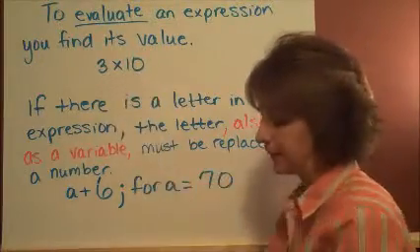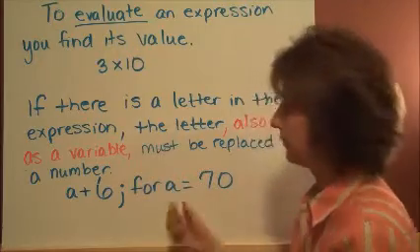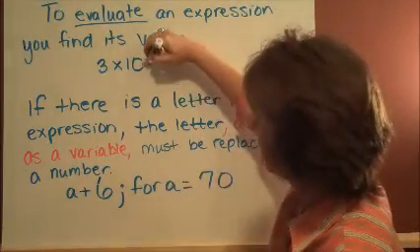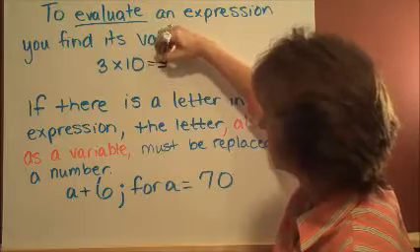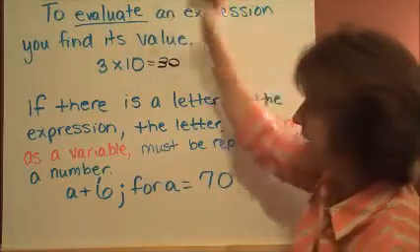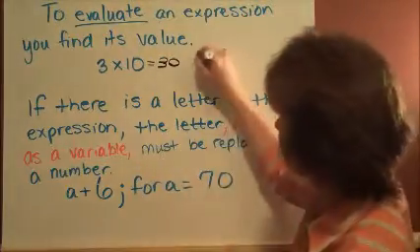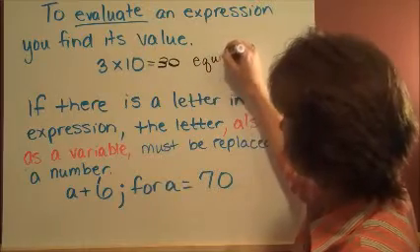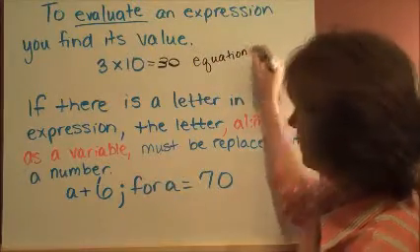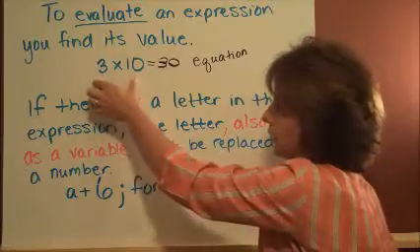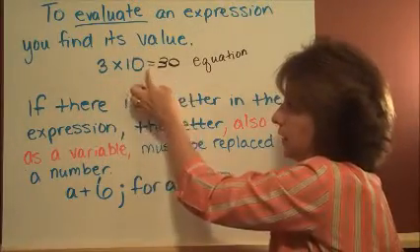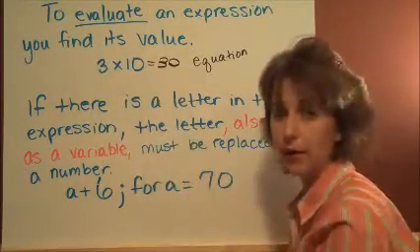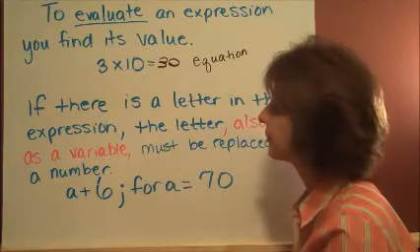This 3 times 10 is an expression. This is an evaluated expression known as an equation. The difference between an expression and an equation is that it has an equal mark and an ending.